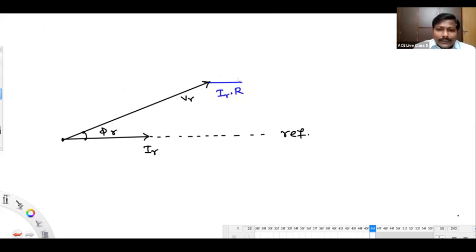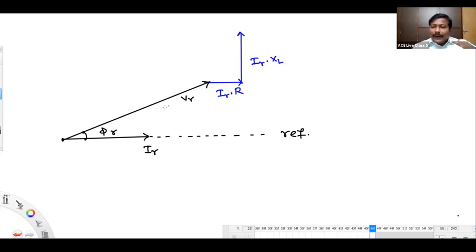Okay. So next, IR into XL multiplied with J. It will be 90-degree leading. So obviously you are going to get IR into XL something like this. So it is J into IR into XL, but the magnitude will be IR into XL.